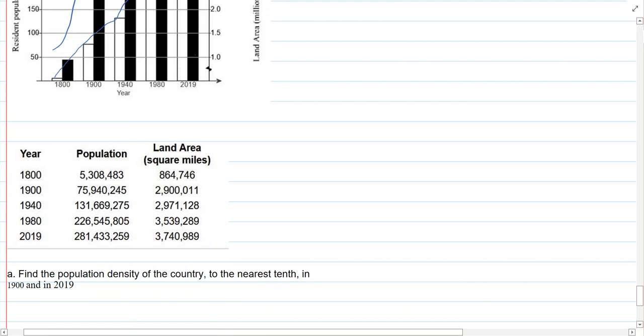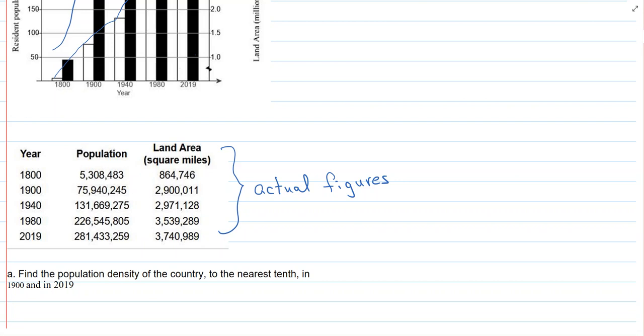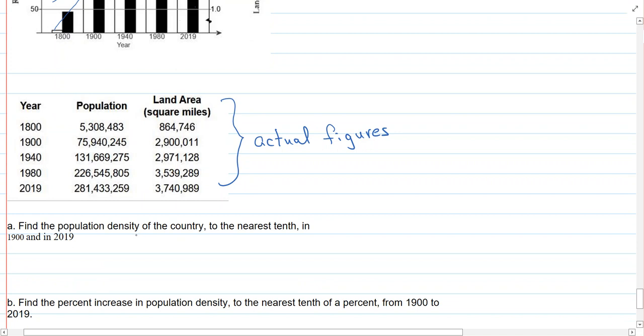So here are the actual figures below, and that's what we'll be using. And that's what we need to get the answers to what we're working on. So here we go. It says, find the population density of the county to the nearest tenth. Tenth is what? 1 decimal place.